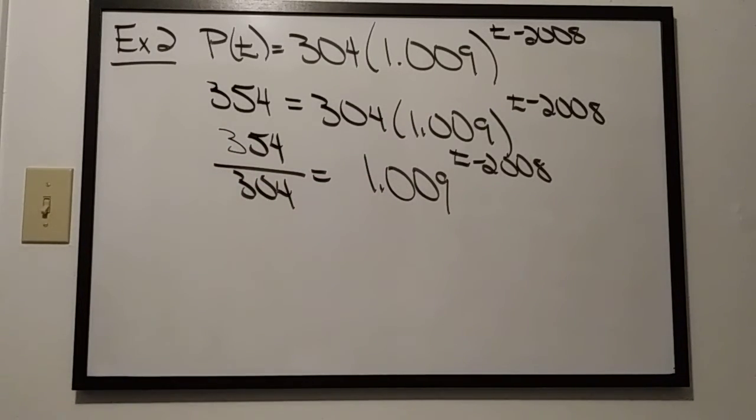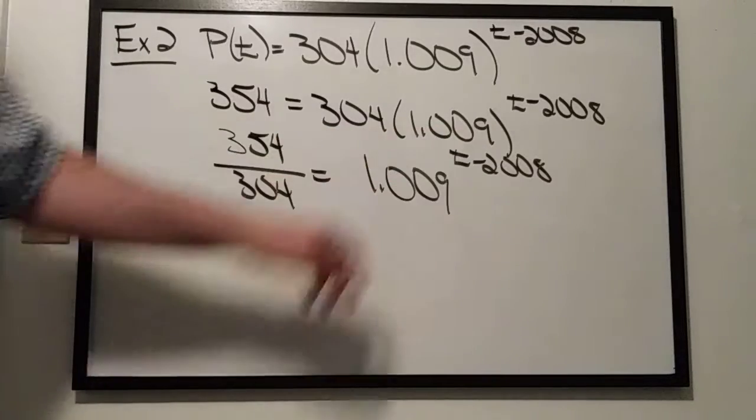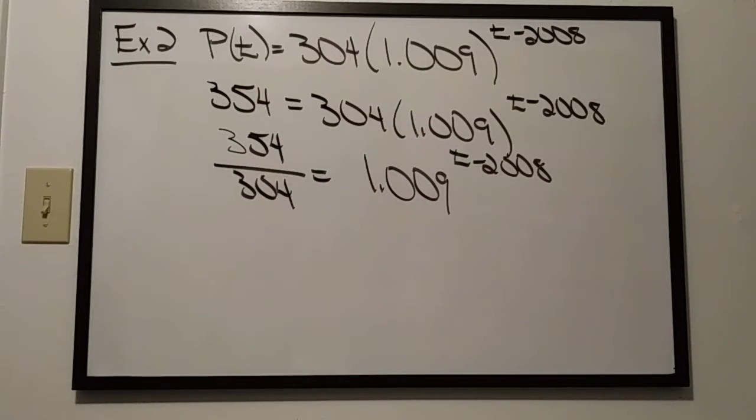So now I have a number on the left-hand side and an exponential expression on the right-hand side. So one way that I could move forward on this problem is to go ahead and take log base 1.009 of both sides. However, log base 1.009 is not necessarily easy to play with, so I'm going to steal an idea from our previous example. In order to bring this piece right here, the t, down from the place where it's inaccessible right now in the exponent world, down to a place where it's accessible, let's just take the log of both sides.